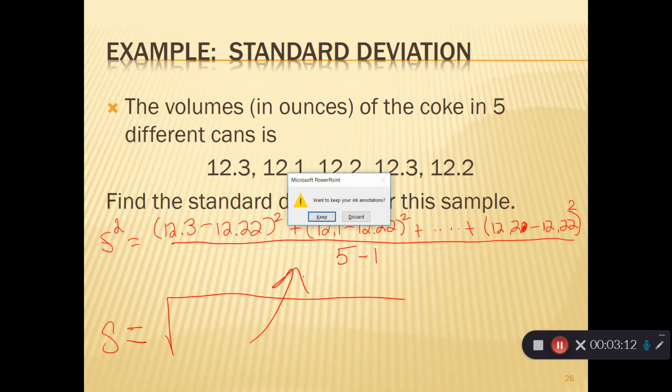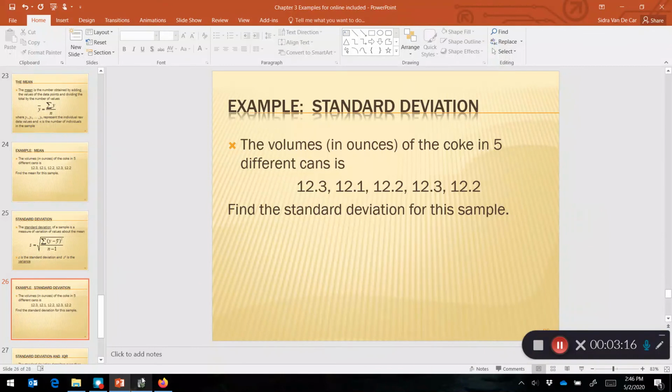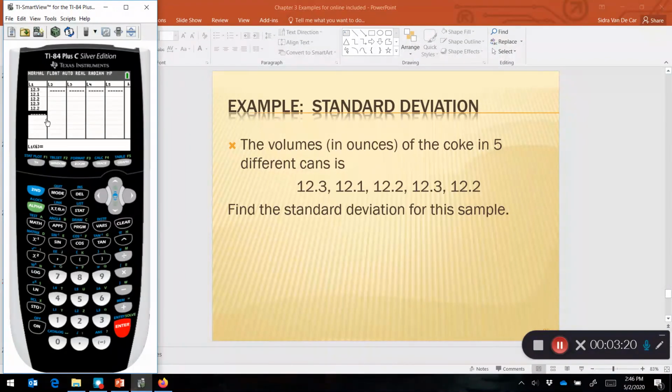Let's use technology to help us, but we're going to do even better than plugging in what we had. I'm going to plug those data values into list 1 in my calculator. Once I have them in list 1, now I'm going to go to Stat, Calc, and that one variable statistics again. I want to do it on list 1.